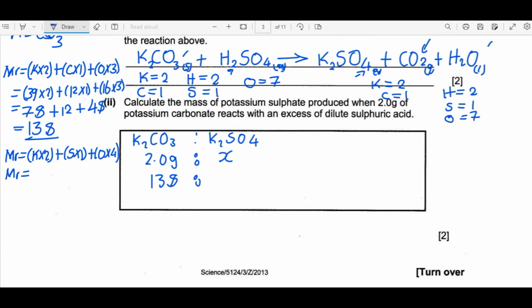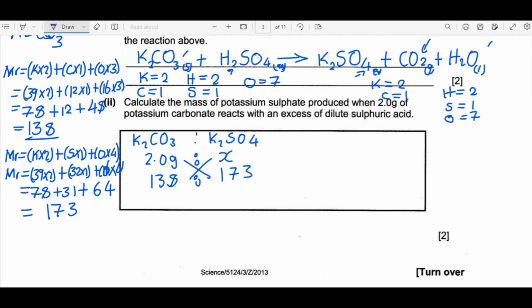So Mr is equal to potassium 39 times 2, sulfur is 32 multiplied by 1, oxygen is 16 times 4. 39 times 2 will give us 78, plus 32, plus 16 times 4 will give us 64. So we have 78 plus 32 plus 64. I'm getting 174. So this is what we are going to put here.